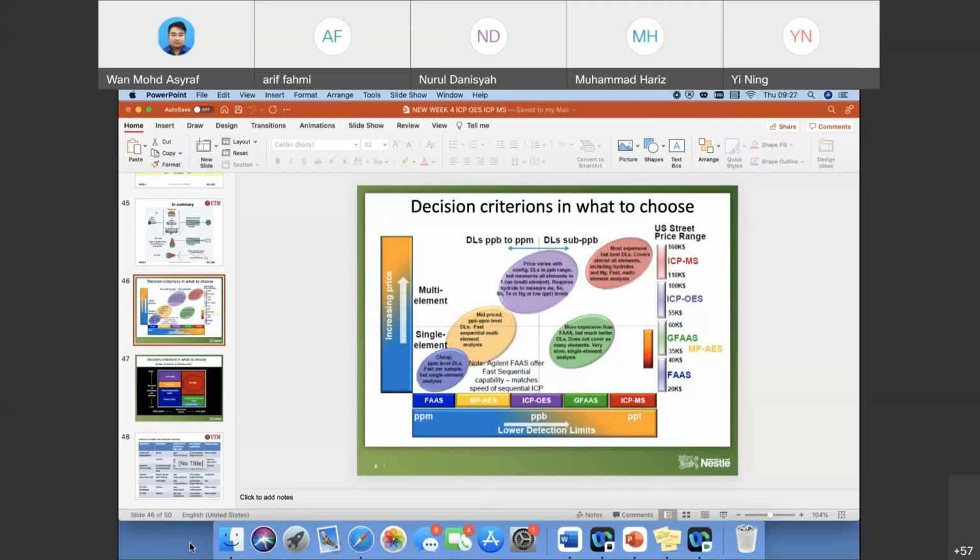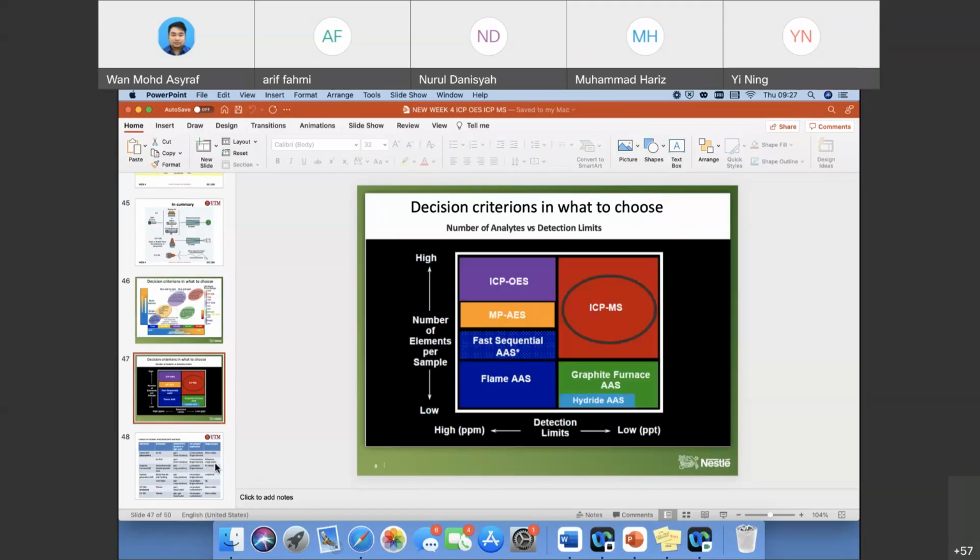When you have a sample, when you have your analyte, how are you going to choose whether you want to go to the very high end, which is ICP-MS, or you just want to use flame AAS, which is much cheaper. So these are the decision criteria if you want to choose which instrument to use, right?